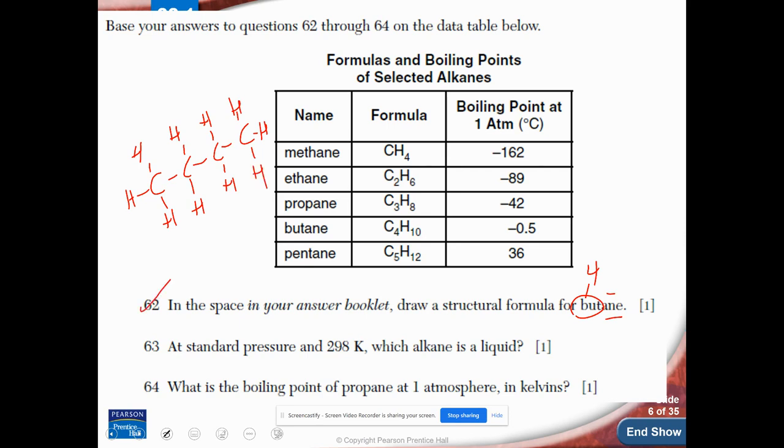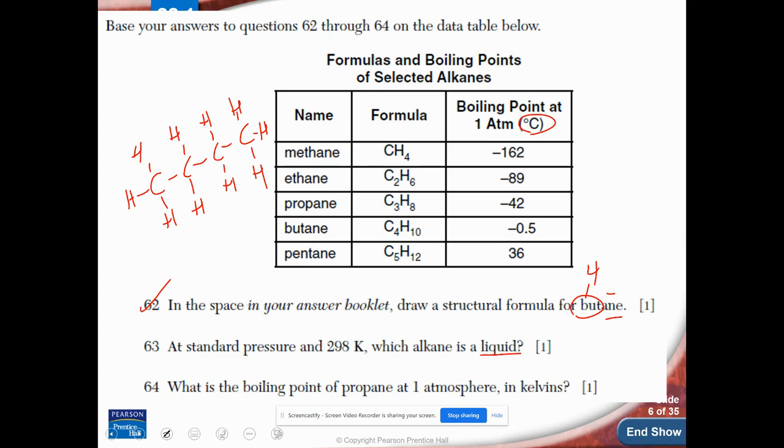Okay, so that's 62 done. At standard pressure and 298 Kelvin, which alkane is a liquid? This is a short answer from a Regents exam. All of these boiling points are in degrees Celsius, so I need to figure out at 298 Kelvin which one's a liquid.